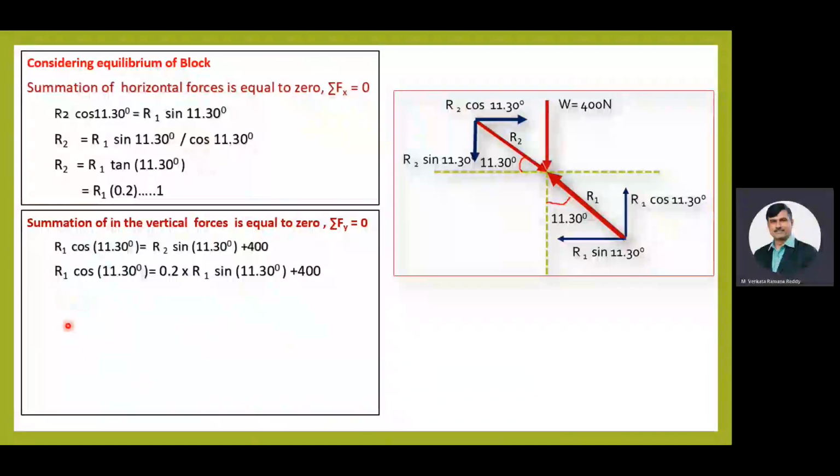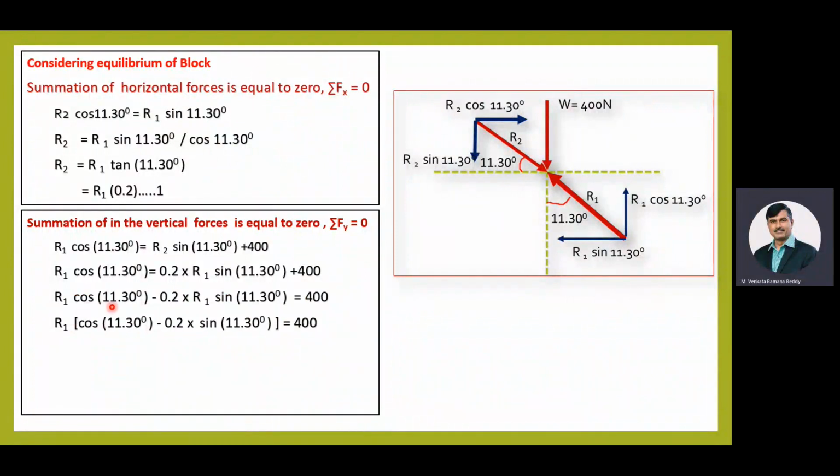After simplifying this, we'll get R1 cos 11.30 degrees minus 0.2 R1 into sin 11.30 degrees is equal to 400. Then R1 into cos 11.30 degrees minus 0.2 into sin 11.30 degrees is equal to 400.